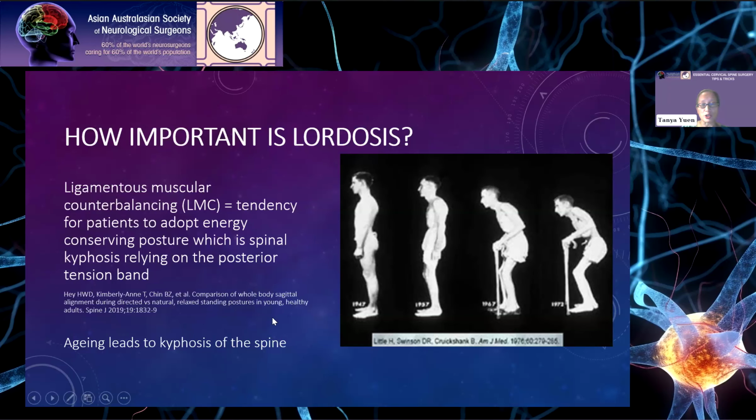And you notice when you're tired, you tend to slouch a bit, and that's you leaning on your posterior tension band. And that's how aging then leads to kyphosis, because the anterior components of the spine, the discs, the ALL, etc., all become degenerate and less able to load bear.